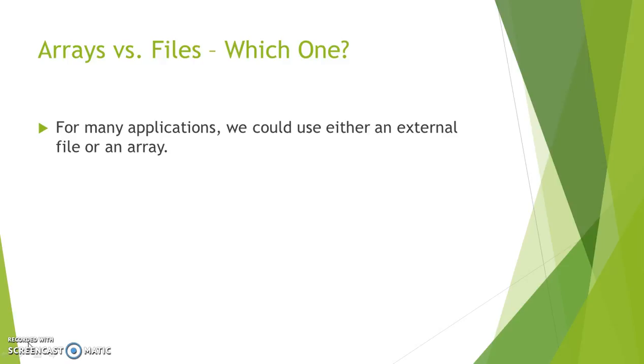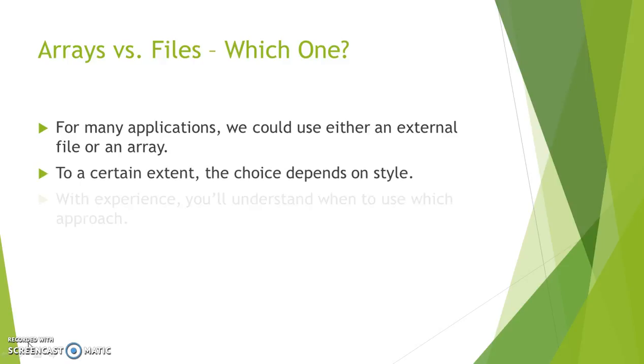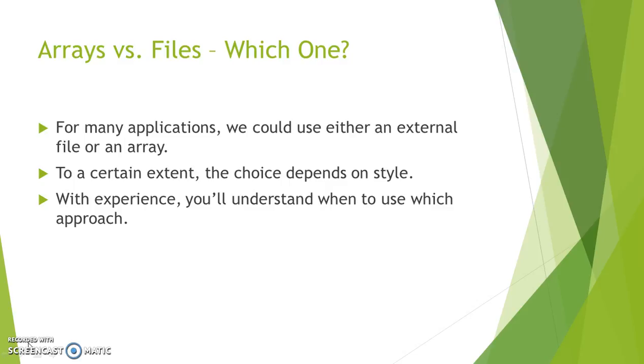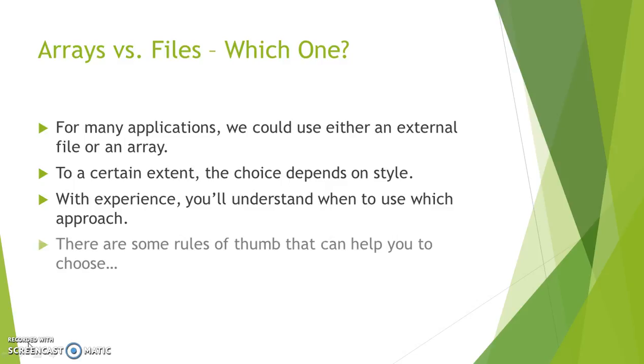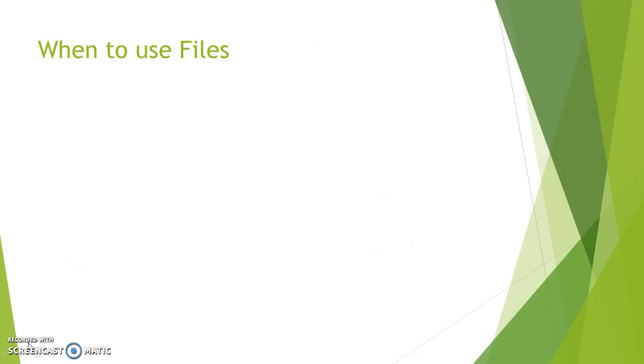For many applications, you could use an external file or an array to contain a given list. But what will happen is, for given applications, there will be a more logical choice generally. And as you get more experience with coding, you'll start to get a good feel for which ones are which. Here are some rules of thumb that might help you choose for now.